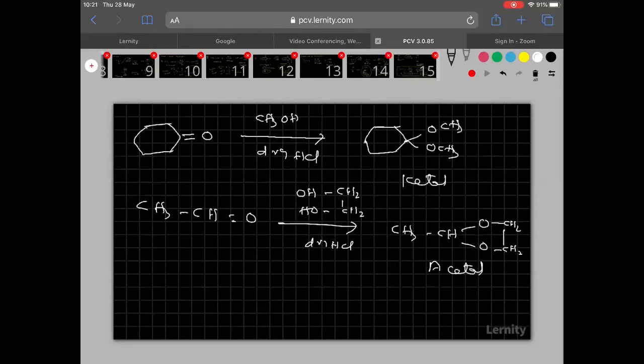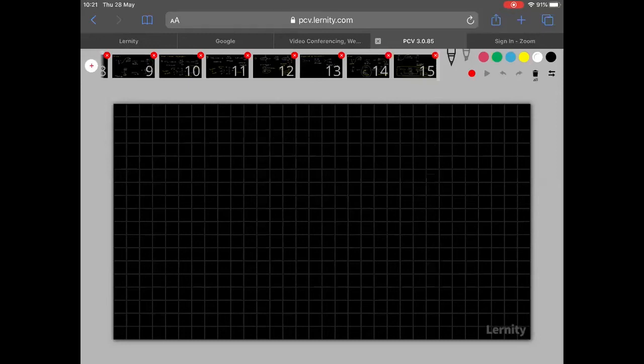Clear? Let us take one more important example in this case. Okay. Now see clearly here I am taking the benzaldehyde. So this benzaldehyde when treated with ethylene glycol in presence of dry HCl. What happens? Write clearly. Product. What is the product formed here?